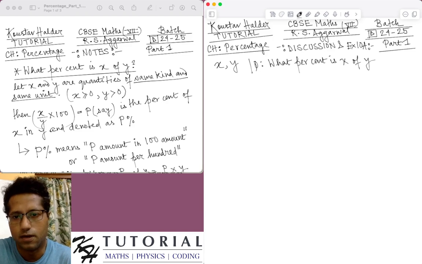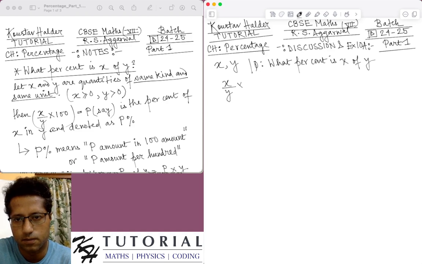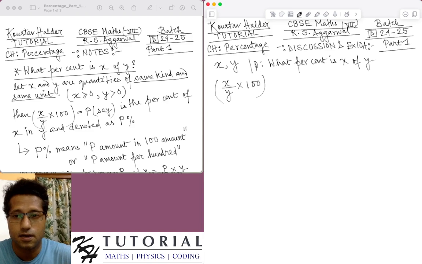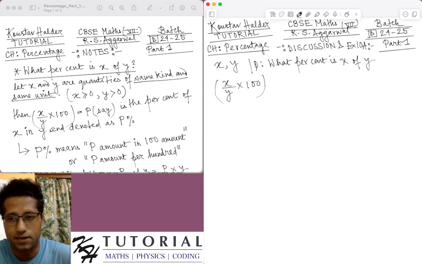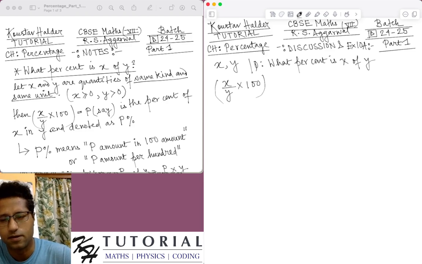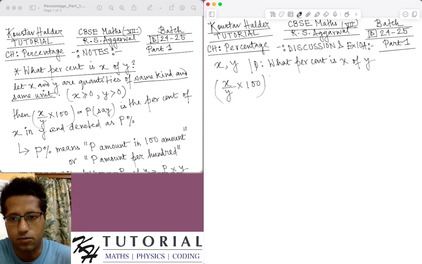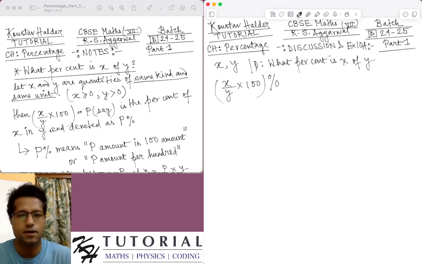So the formula is x by y multiplied by 100. This value x by y multiplied by 100 represents the percent x is of y. And to represent a percent, we put the percentage sign at the end.